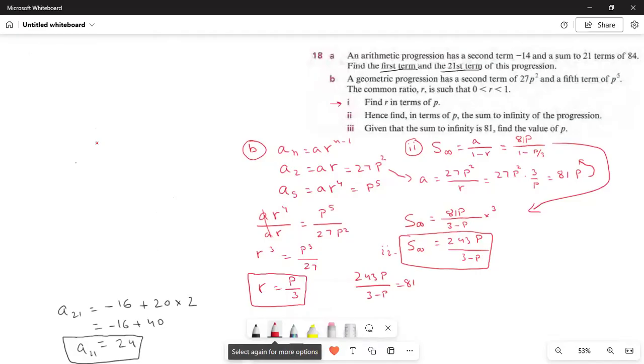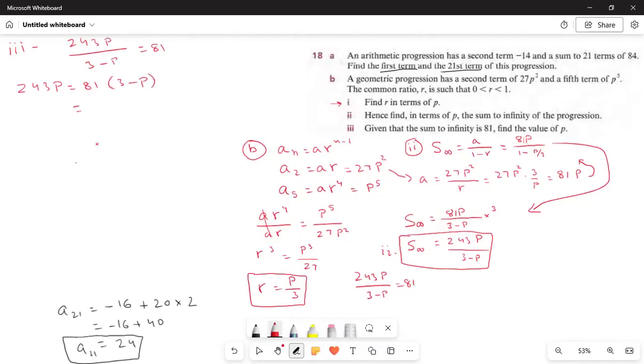Okay, I'm doing part 3 now. We are given that 243p over 3 minus p is equal to 81. If I do the cross multiplication, 243p is equal to 81 times 3 minus p. So it is going to be 243 minus 81p.